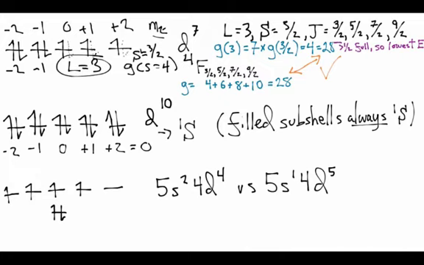But as you well know, in reality, one of those 5s electrons instead is flipped and sort of promoted into the 4d to give us a 5s1 4d5 configuration.